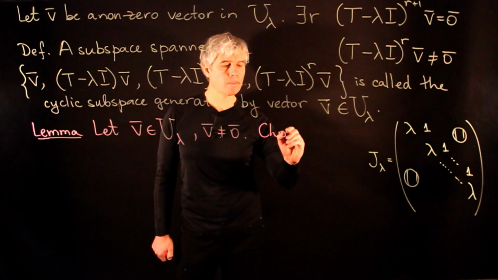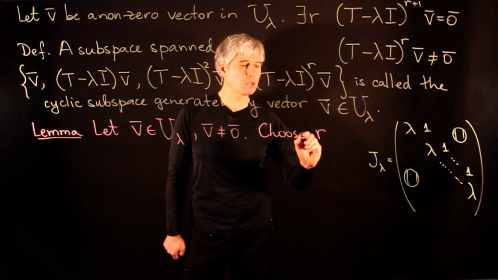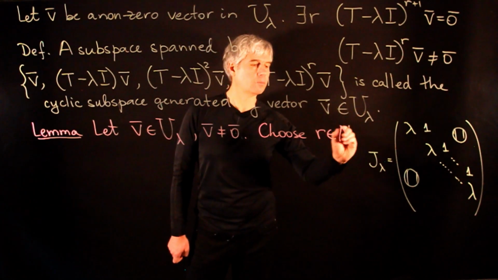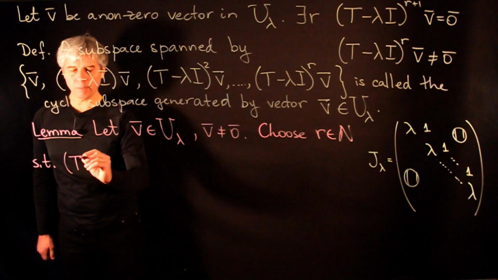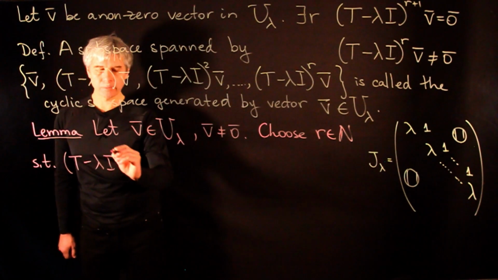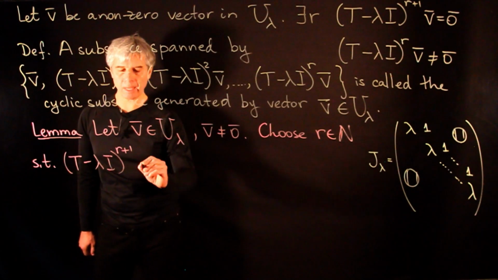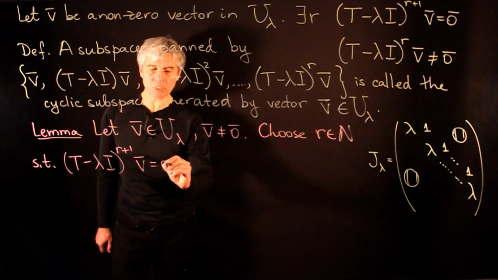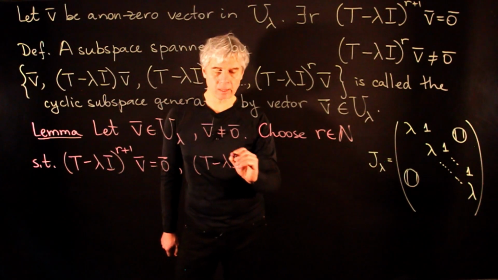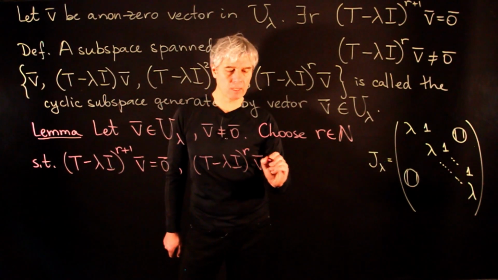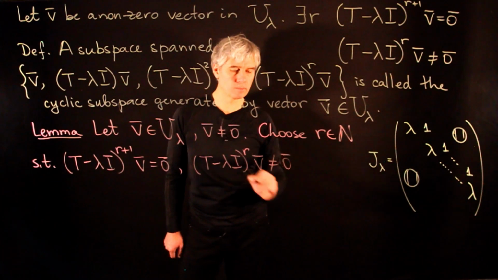Choose an integer r such that (T minus lambda I) to the power r plus 1 acting on v is equal to the 0 vector, and (T minus lambda I) to the power r acting on v is not equal to 0.